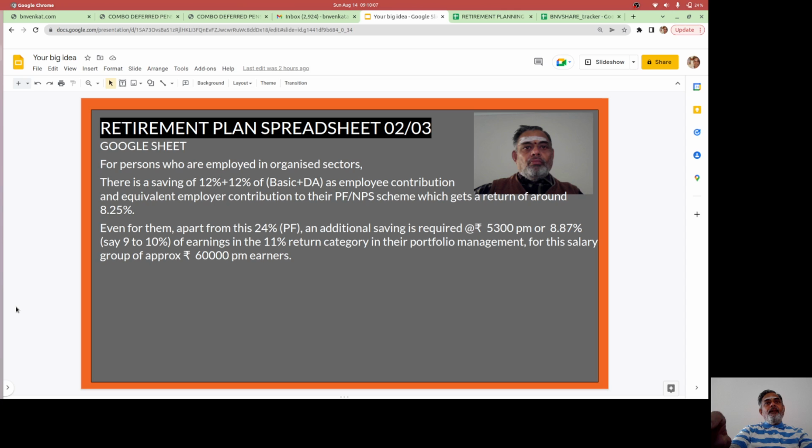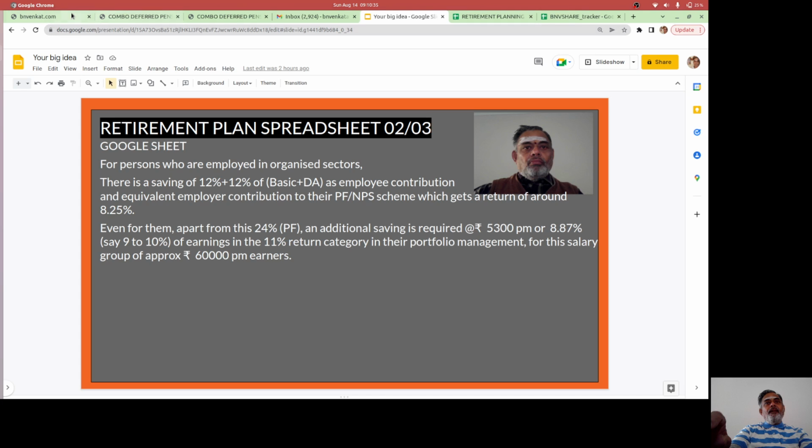Say 9% to 10% of earnings in the 11% category. That is, we should invest in the 11% category at least 8.87% of earnings in the portfolio management, for this salary group of approximately 60,000 rupees per month earners.